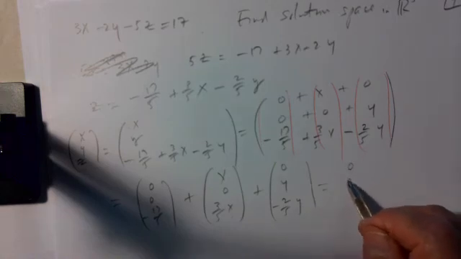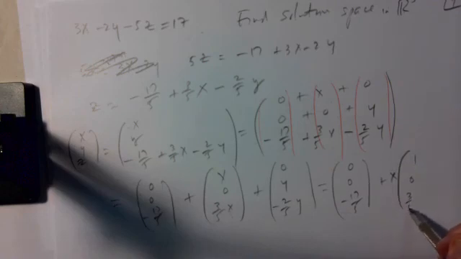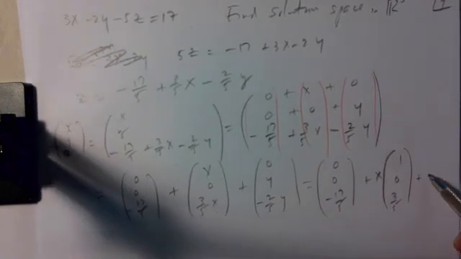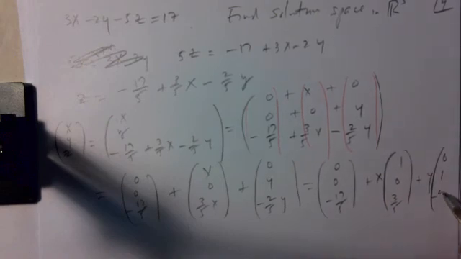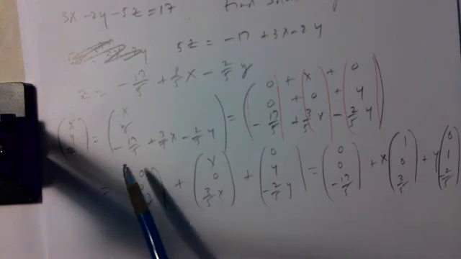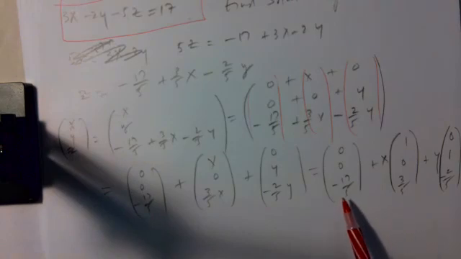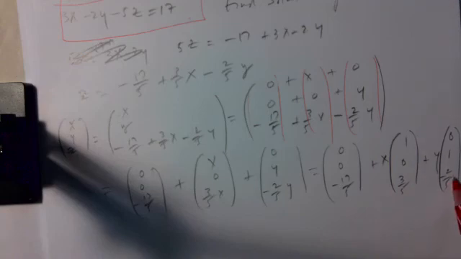This is the vector 0, 0, minus 17 over 5, plus x times the vector 1, 0, 3/5, plus y times the vector 0, 1, minus 2/5. So the solutions of this linear equation in 3 variables are all vectors which consist of this vector, a scalar multiple of this, and a scalar multiple of this.